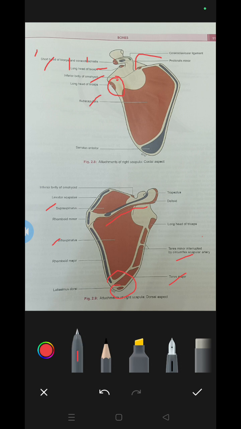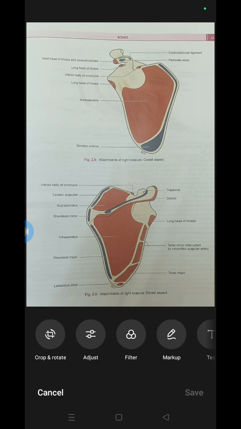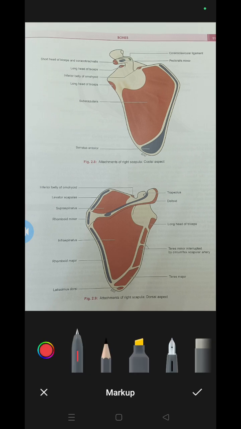Next, insertions. Trapezius, serratus anterior, pectoralis minor, levator scapulae, rhomboid minor and rhomboid major are the insertions of the scapula. Where are they located? Here is the upper lip of the spine, that is trapezius.